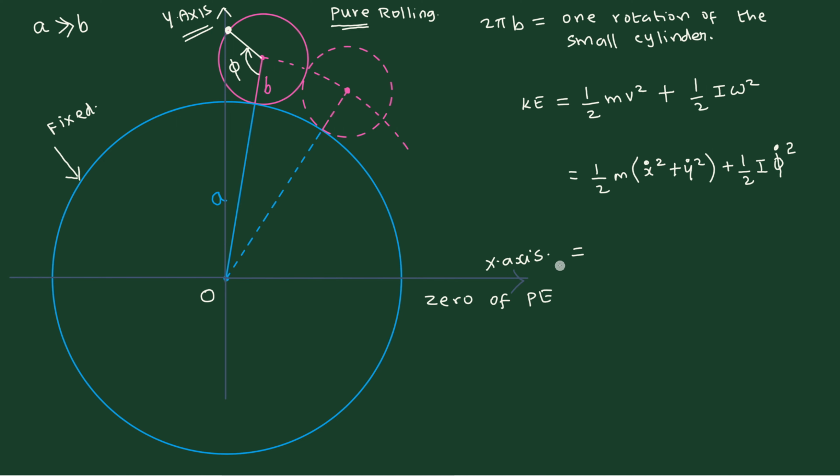Okay, that is fine. The next level, do you want to keep a Cartesian coordinate system? You have written x dot square, y dot square. But you already know that the center of mass is going to follow a circular path. Since it is going to follow a circular path, better to use 2D polar system rather than Cartesian.